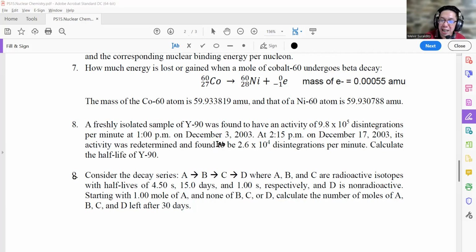Anong year ka pinanganak, Josh? December 3, 2009. 2000. 2009, wala ka pa nito. October 15, 2009. Tagal. Wala ka pa nito. Ako nito ay December 3, 2003. First year high school. At magbe-birthday ako kinabukasan, December 4, 2000. Oh, December 4 ako eh. Sir, naalala, nung December po ako, nagsabi po ako na Sagittarius din kayo, magbe-birthday din kayo.